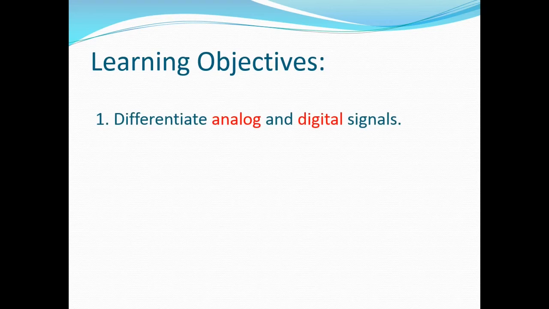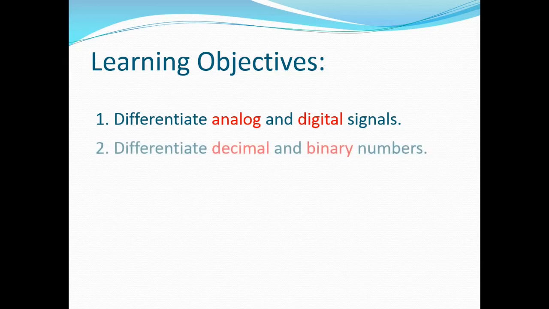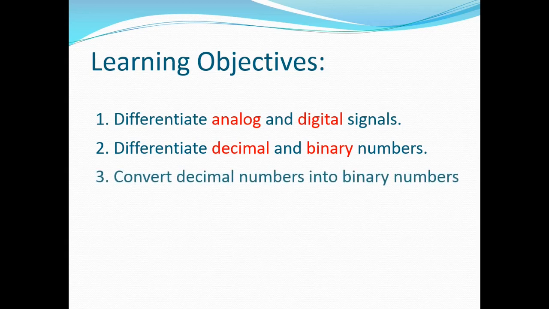What is analog and what are digital signals? Then differentiate decimal and binary numbers. Lastly, we'll try to convert decimal numbers into binary numbers. That way, we'd be able to learn some of the data or signals sent through and out of computers.